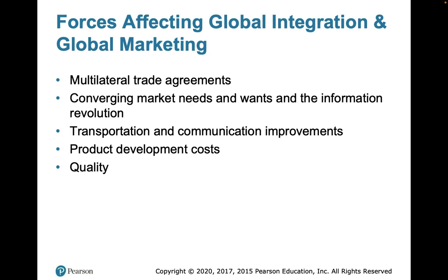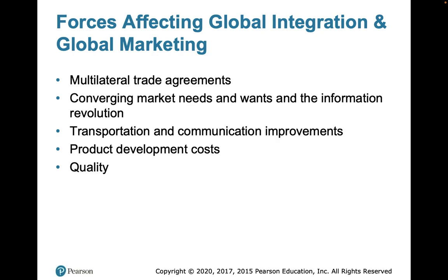Then there have to be converging market needs and wants and the information revolution. They have to share information among themselves, because sometimes in a particular region or country we have more than 100 brands operating at the same time.